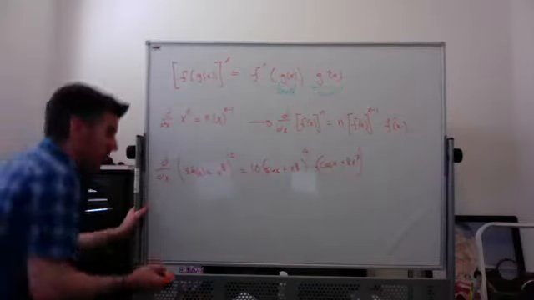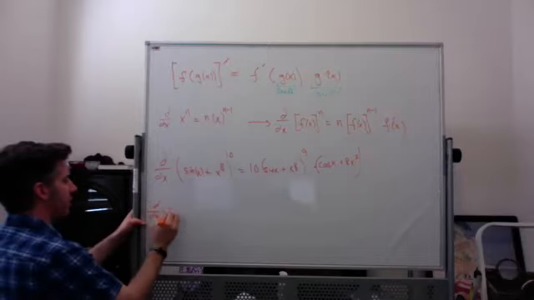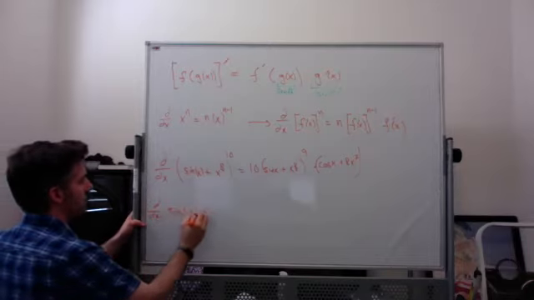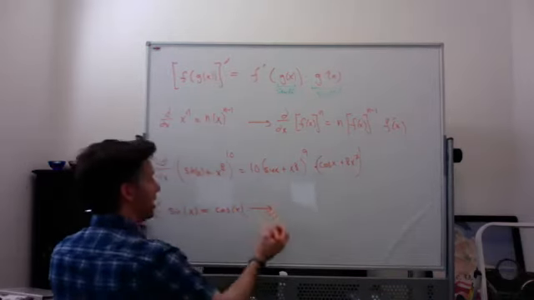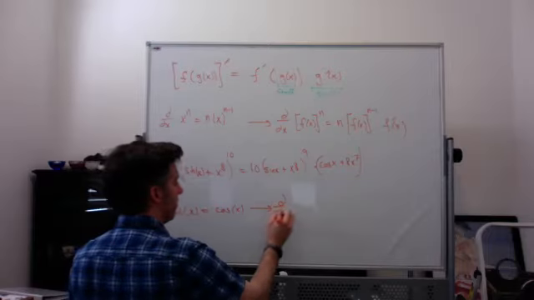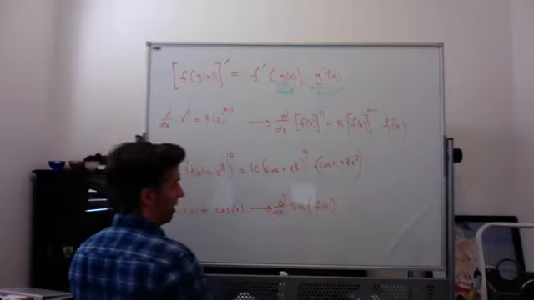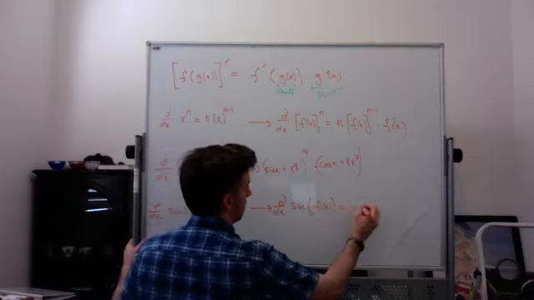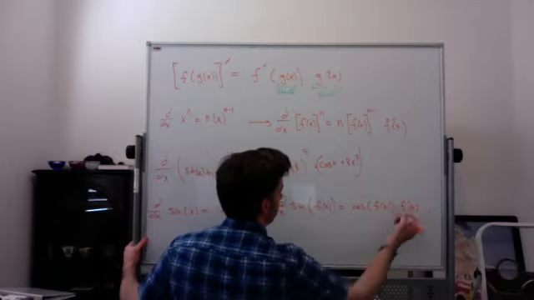Some other functions we know how to differentiate. The derivative of sine of x is cosine of x. So we know a chain rule version: the derivative of sine of some stuff, like sine of f of x, is cosine of the stuff times the derivative of the stuff.